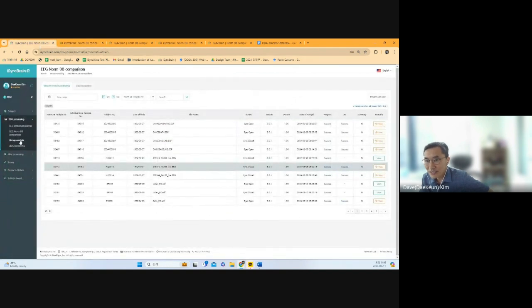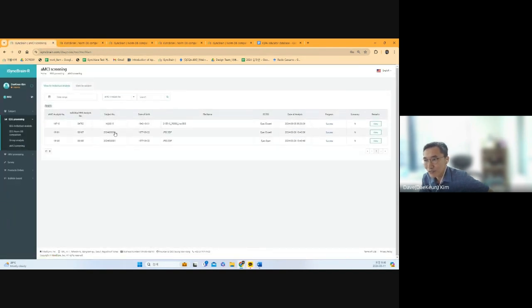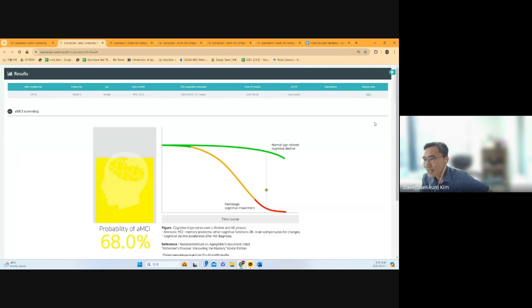And also we can see the MCI value for this patient. She has 68%. This is the MCI before the dementia.